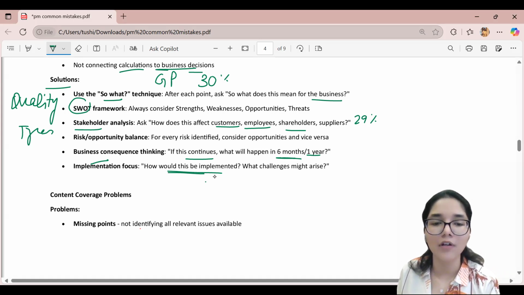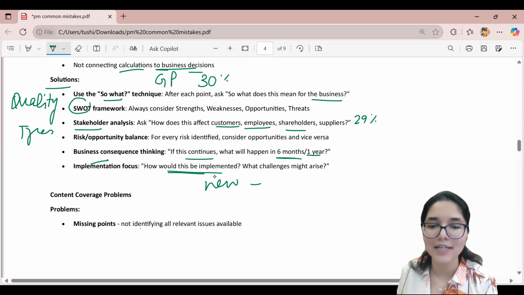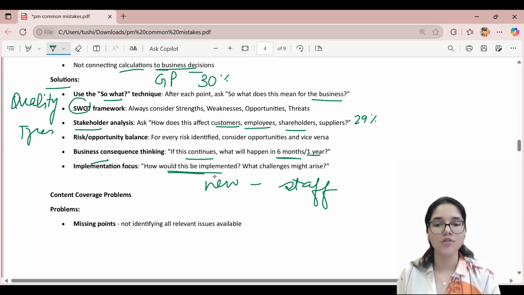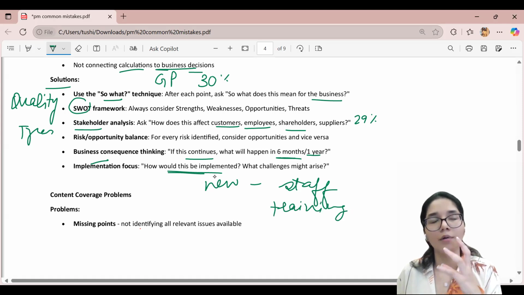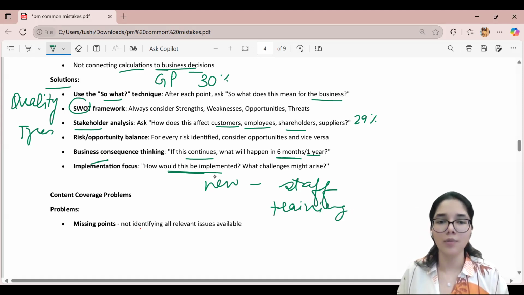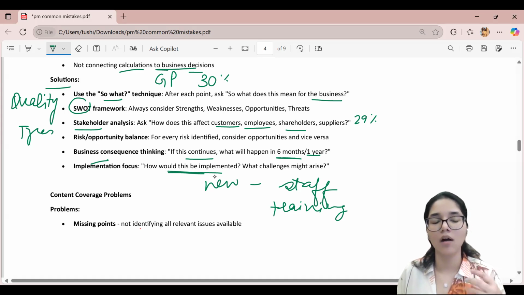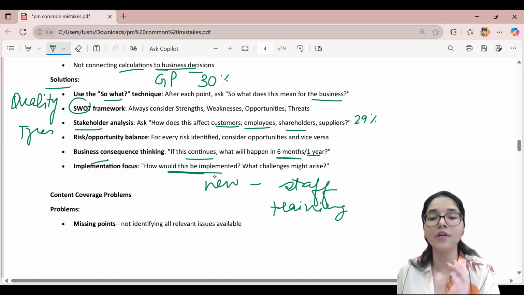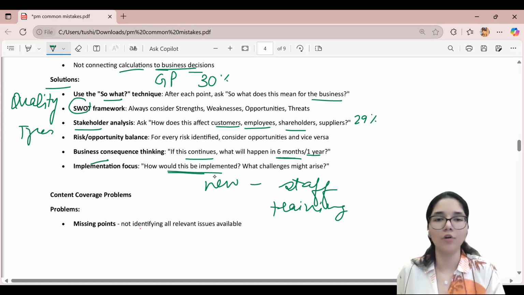Whenever a new change is happening in the organization, the staff might resist. Staff might need training to operate this new thing which you are thinking to launch. There is a plethora of possible points which you can write when it comes to the challenges which could be faced when we are thinking of switching to a new system.